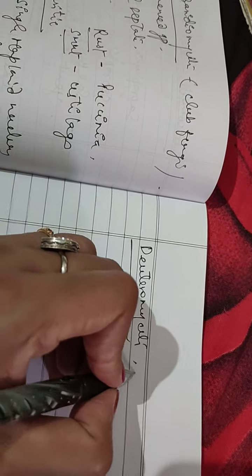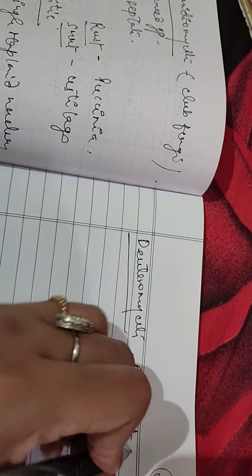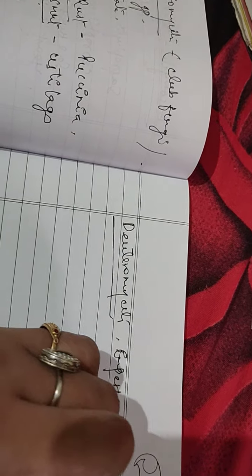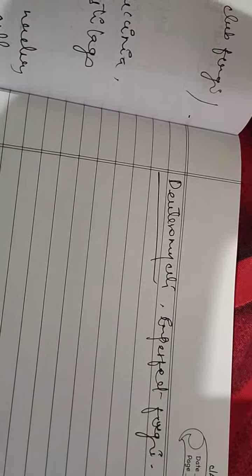So it is commonly called imperfect fungi. Why imperfect? Because only the asexual and vegetative phases occur. Sexual forms of these fungi are not discovered yet.